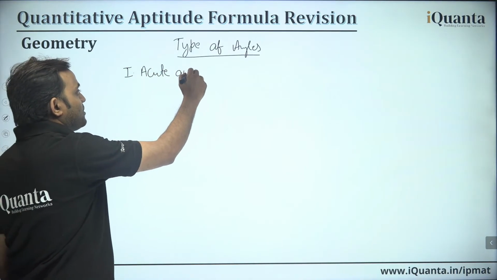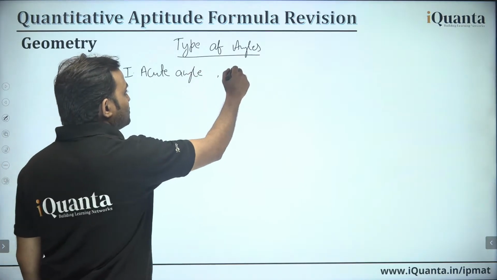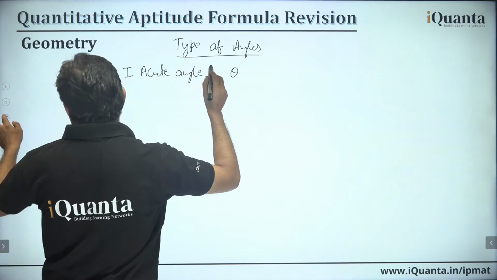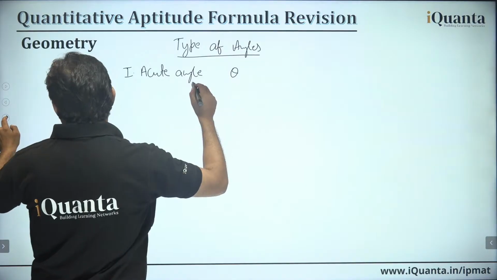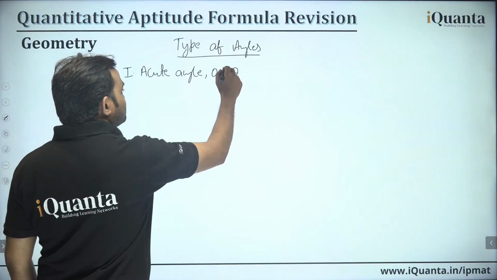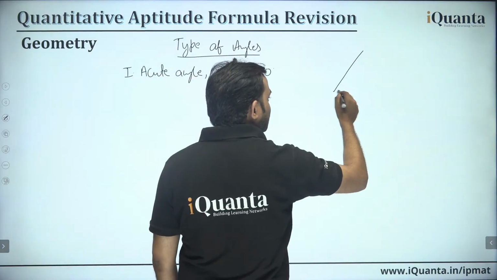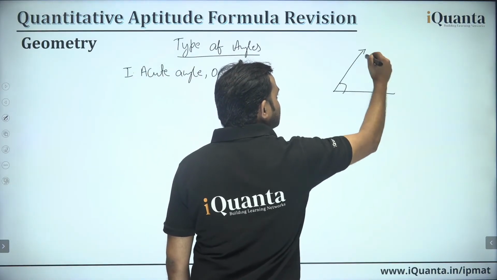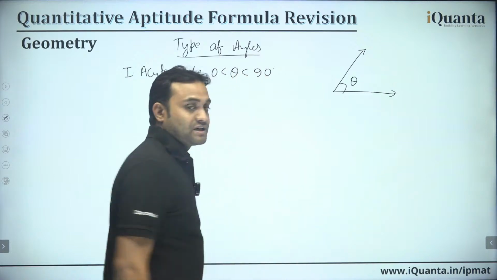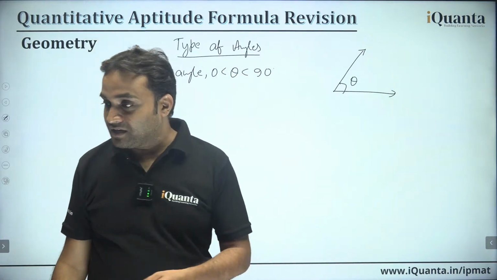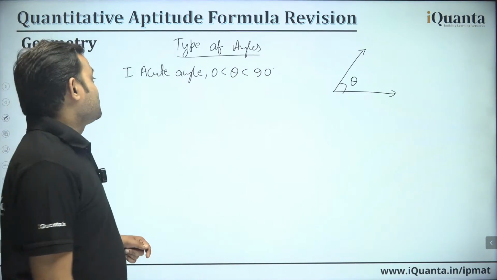If we talk about acute angle, what do we know? That the angle theta must be between 0 to 90 degree. Something like this, the angle will look like this. This angle theta is between 0 to 90 degree.